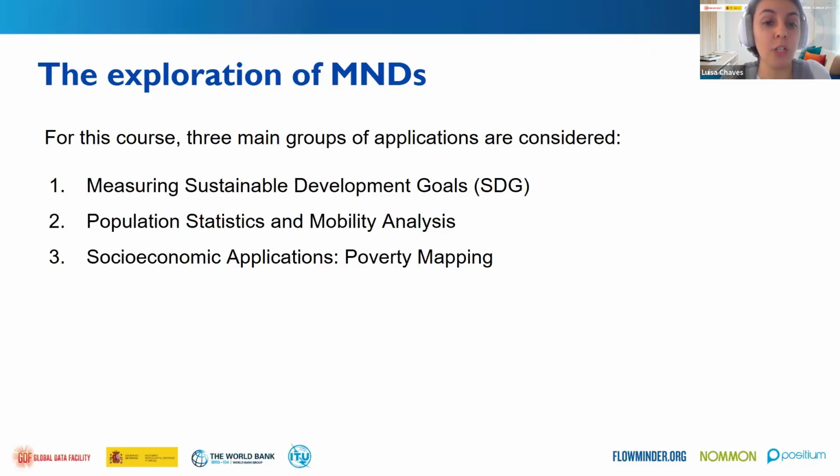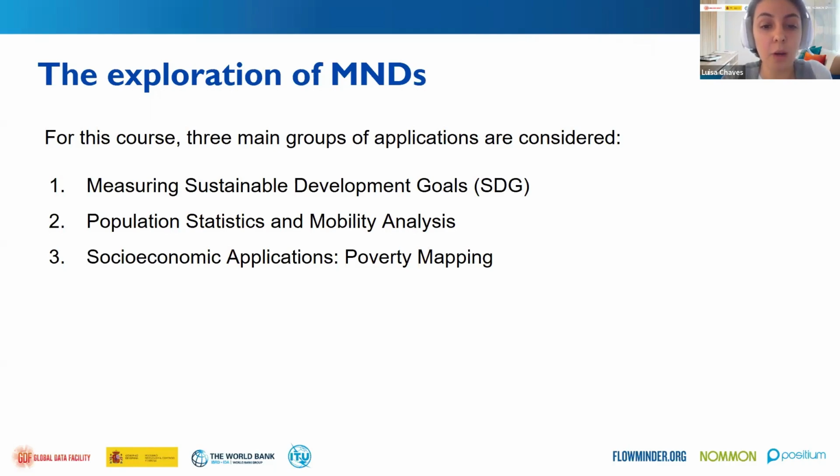The second group is population statistics and mobility analysis. This includes applications such as understanding where people live, how they move, and how these patterns change over time. We are going to talk about dynamic population mapping, migration and disaster management, public health and epidemiology, transport and tourism.